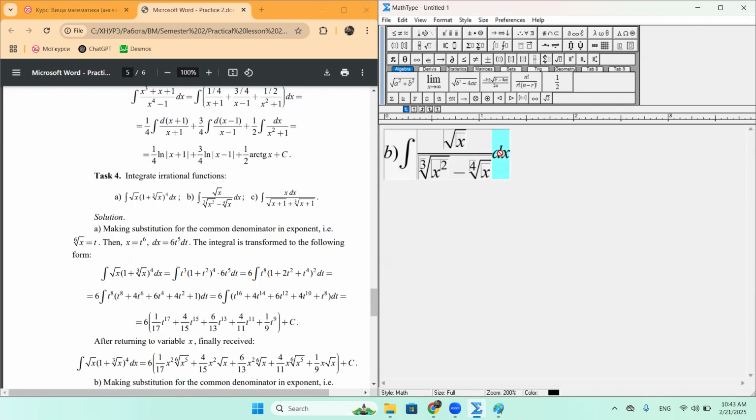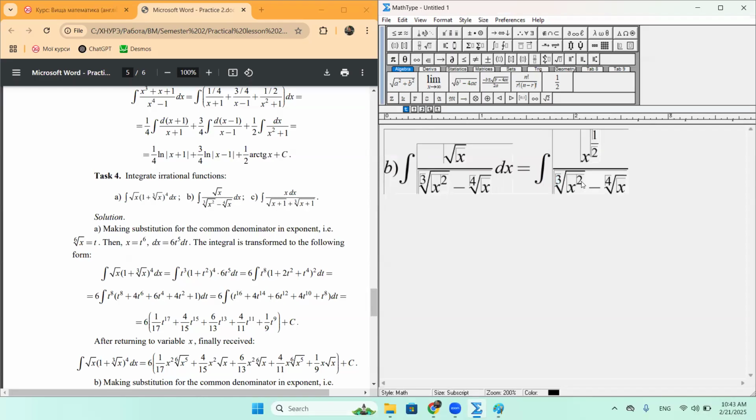And let's write it like powers again. So x in power of 1 over 2. Here is x in power of 2 over 3, and here x in power of 1 over 4.